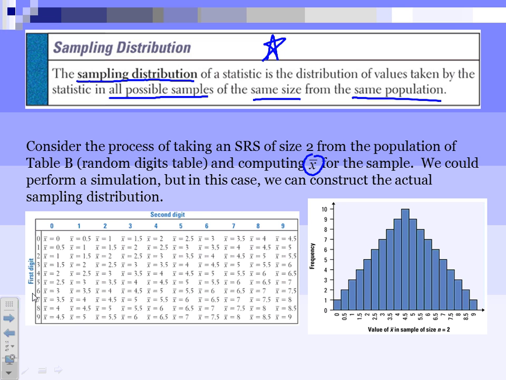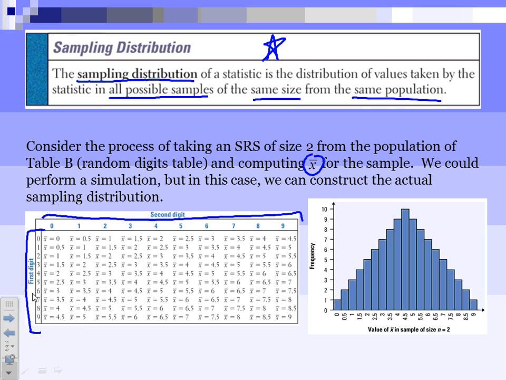We know that the first digit and the second digit can take any number from 0 to 9, and we know that they're all equally likely. So we could estimate the mean, the X bar, of that simply by looking at all the possible outcomes there.